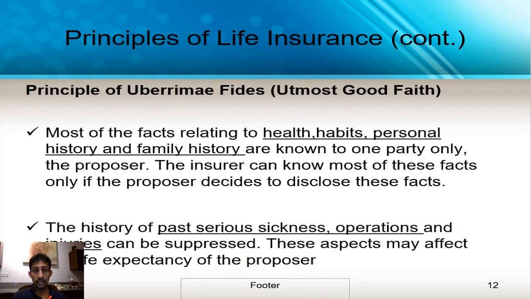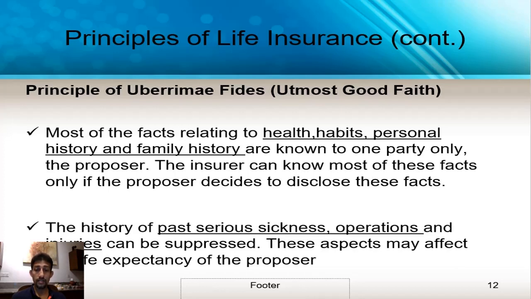Let's try to understand further about utmost good faith. Most of the facts relating to health, habits, personal history, and family history are known to the proposer only. The insurer can know most of these facts only if the proposer decides to disclose them.